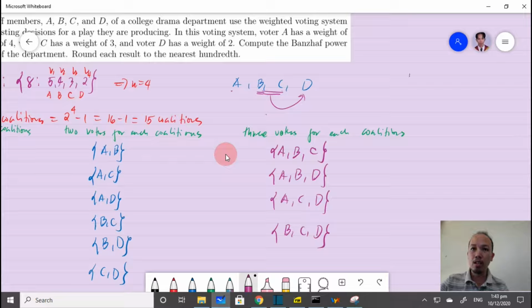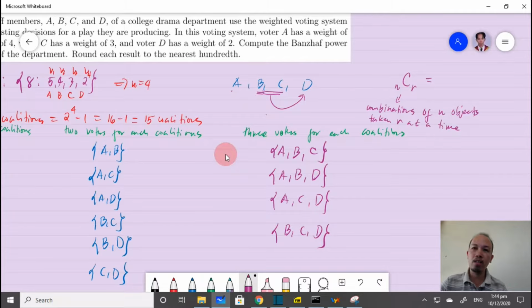This formula here is the combination of n taken r. Combination of n objects taken r at a time. So this is what we call combinations. As you can see, we combine n objects taken r at a time.